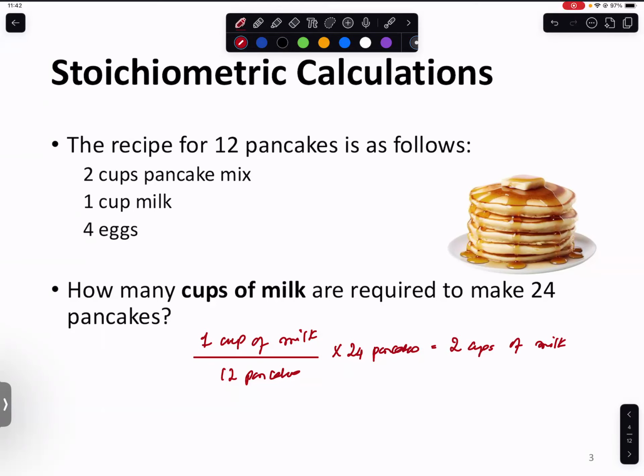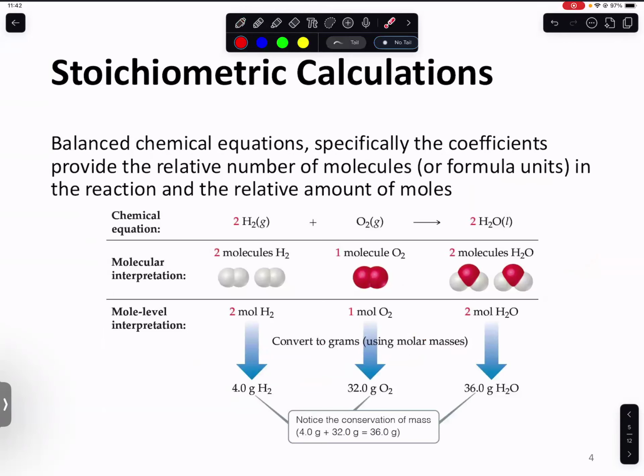So how does this now relate to our chemical reactions? We can use our balanced chemical equations, specifically the coefficients, which will provide us with how many molecules, if it's a covalent compound, or formula units if an ionic compound, are in the reaction, and the relative amount of moles of both reactants and products.